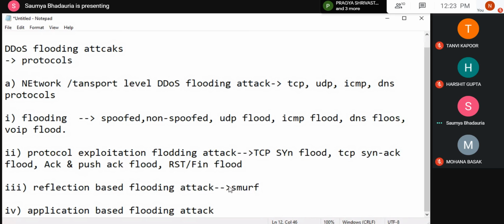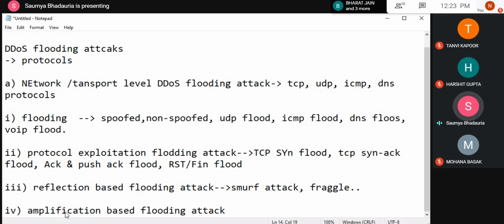There's one more attack which is referred to as travel. We'll discuss travel later. Okay. Now the fourth one, which is the application based. No, sorry. This is amplification. This is referred to as an amplification-based attack.